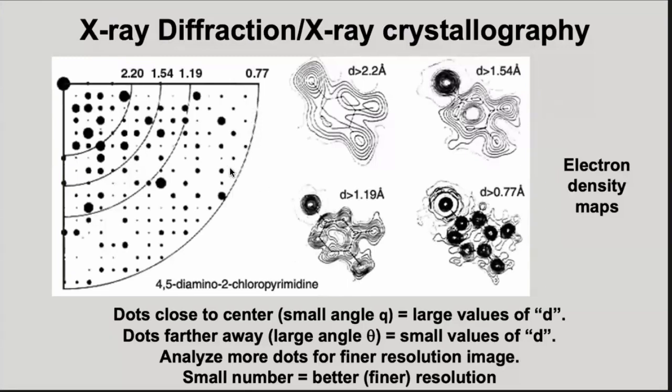Finally, you analyze all of the remaining dots in the pattern all the way out to this outermost line, and we're getting a very sharp, high resolution image, all the way down to distances of 0.77 angstroms, which is actually less than the diameter of an individual hydrogen atom. Then you can see literally every atom in the molecule on this little topographic map, this electron density map.